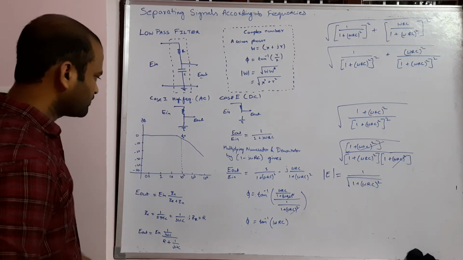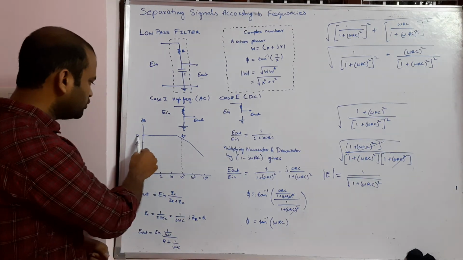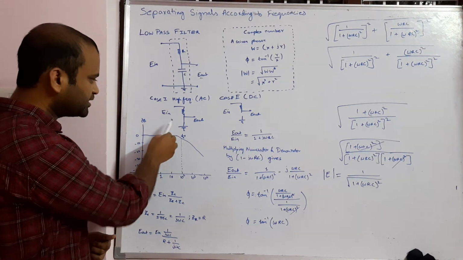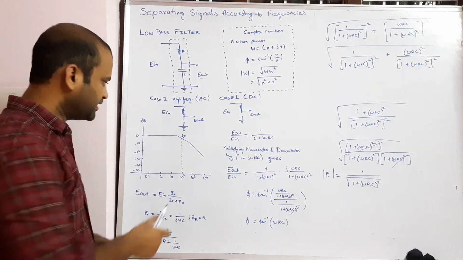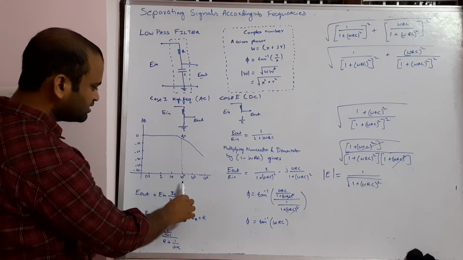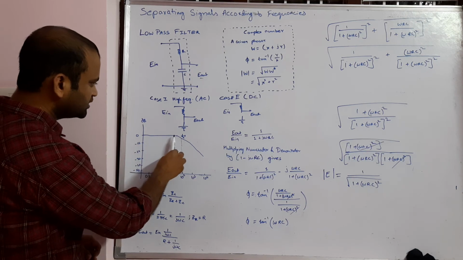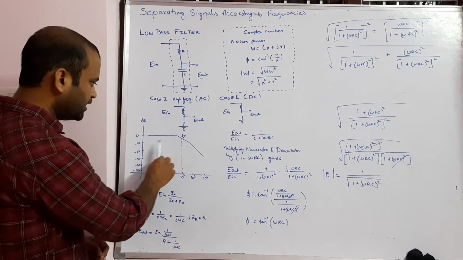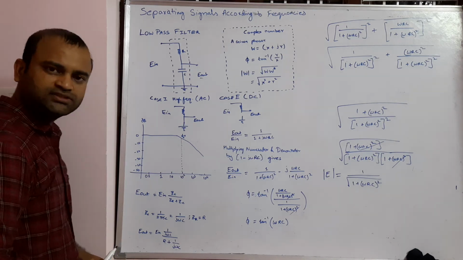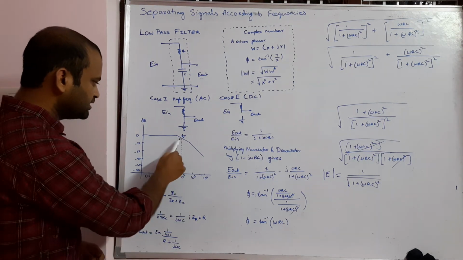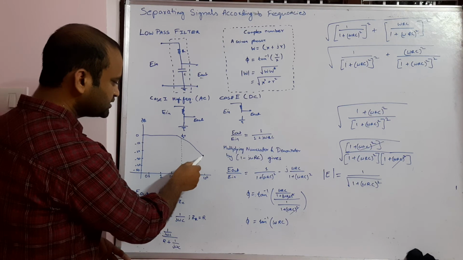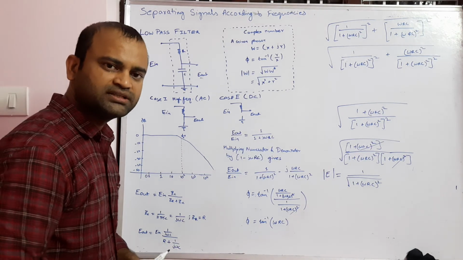In my previous video we explained that at 0 dB level the input is equal to the output, and at any point above it the system acts as an amplifier, and below it acts as an attenuator. As long as the signal frequency is less than 100 Hz, the output is equal to the input, and as soon as the signal frequency goes beyond this 100 Hz range, the output starts attenuating, slowly reducing until finally the output becomes 0.